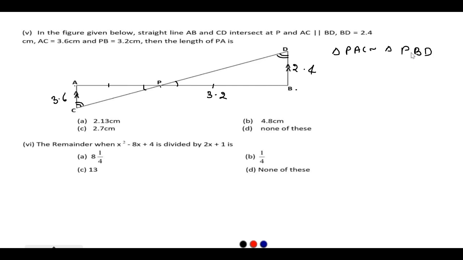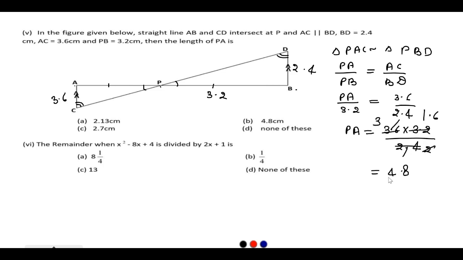By the properties of similar triangles, their corresponding sides will be in proportion. Then PA upon PB will be equal to AC upon BD. Put the values: PA we have to find, PB is 3.2, AC 3.6 and BD 2.4. PA is 4.8 centimeters, means B is the right option.